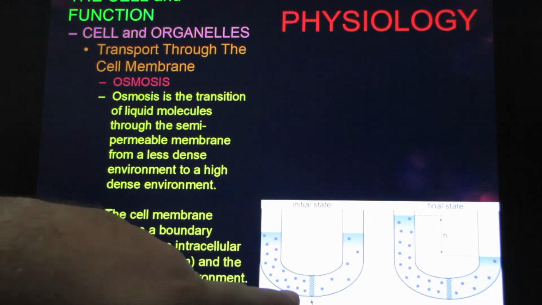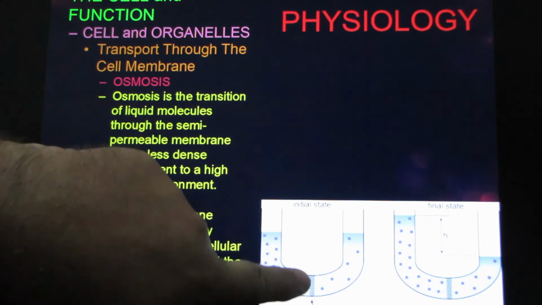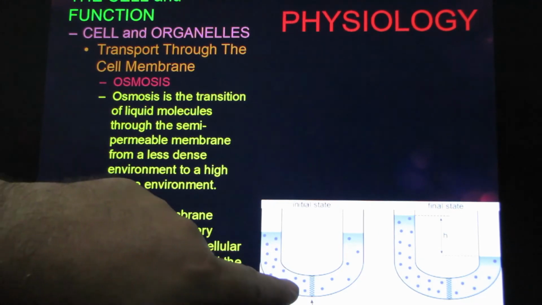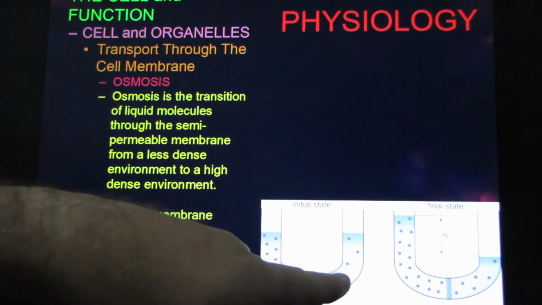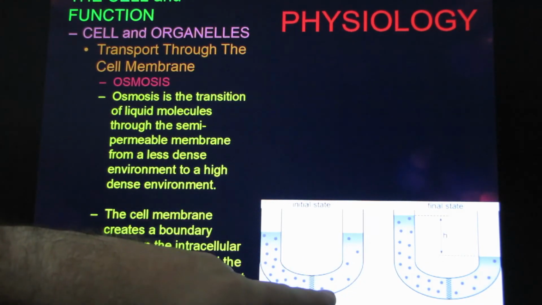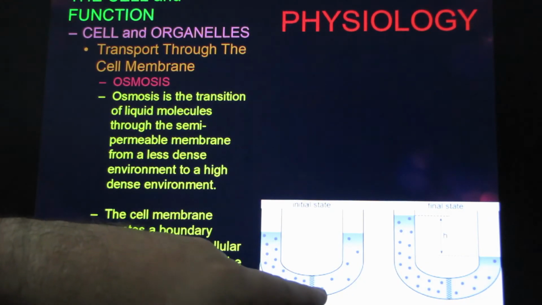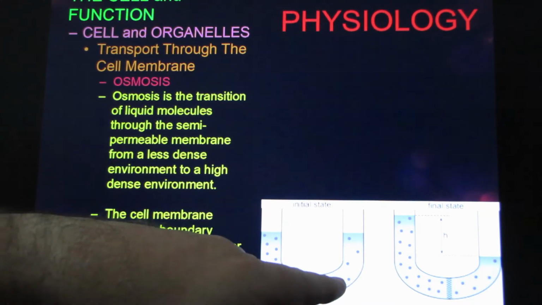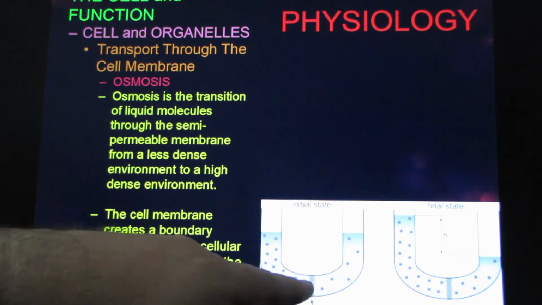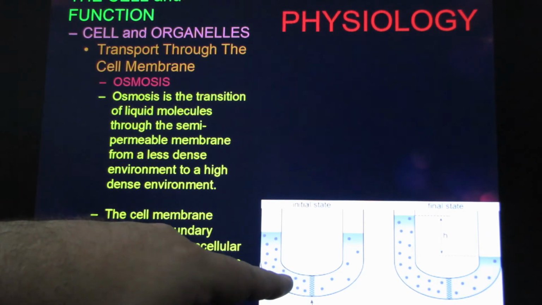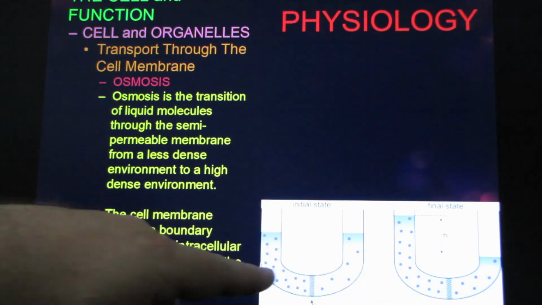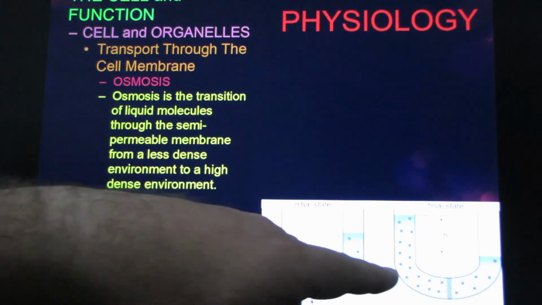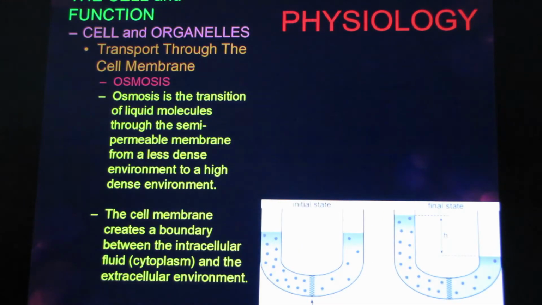So if we have a semi-permeable membrane here and a dense solution with a lot of solute on one side, and a less dense fluid at the other side of the semi-permeable membrane with less solute and more water, water passes through the semi-permeable membrane due to the high concentration here and tries to equalize the concentration of both sides, and this is called osmosis.